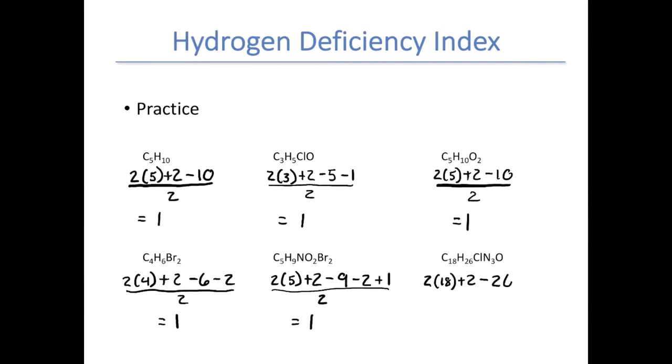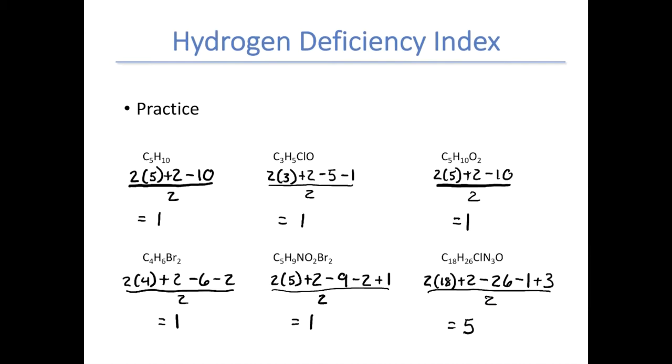Subtract our number of hydrogens, subtract our 1 halogen, the chlorine, and then add in all 3 nitrogens. Take all that and divide it by 2. All you have to do is plug this in your calculator, and you should get an HDI of 5. This means for this formula, most likely there's probably an aromatic ring since we have an HDI of 5.